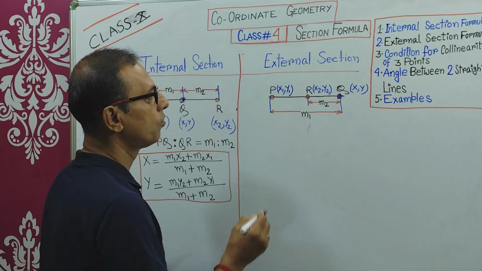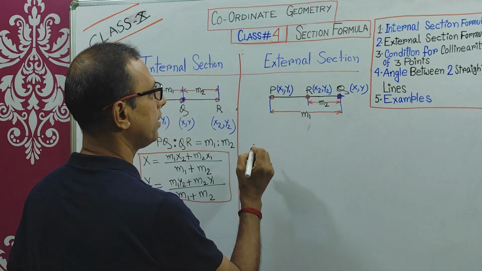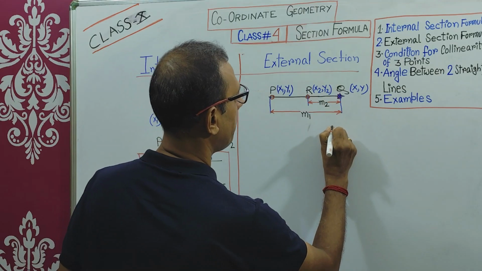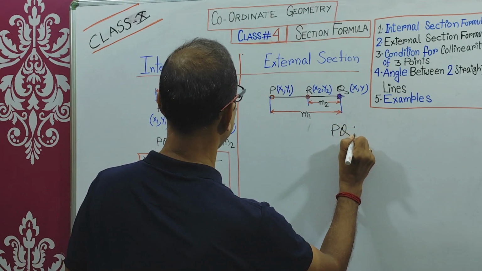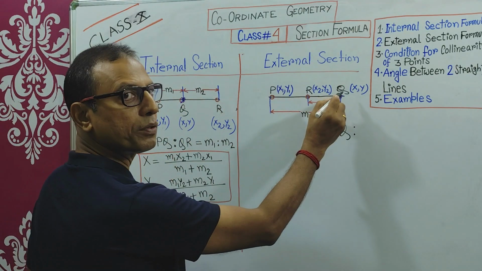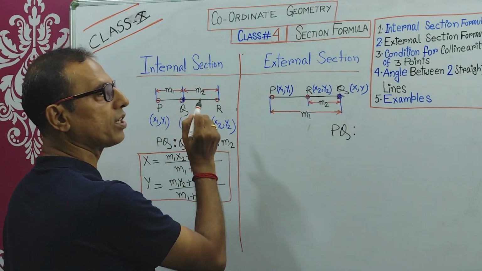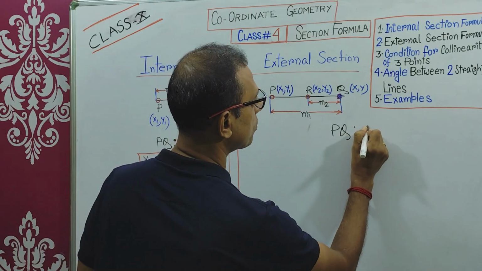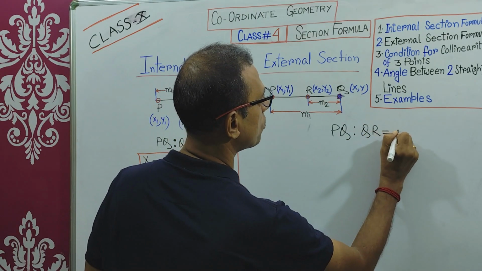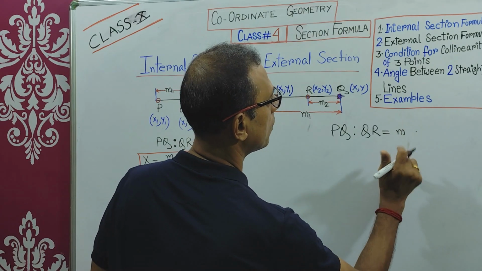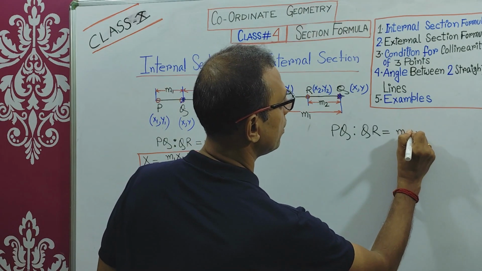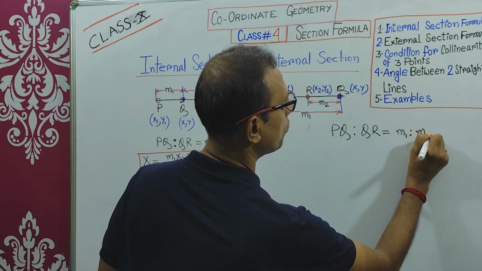In that case, what will be the formula? So here what is the ratio? PQ is to QR, here also PQ is to QR, only the position of QR has been changed, right? So PQ is to QR equals M1 is to M2.